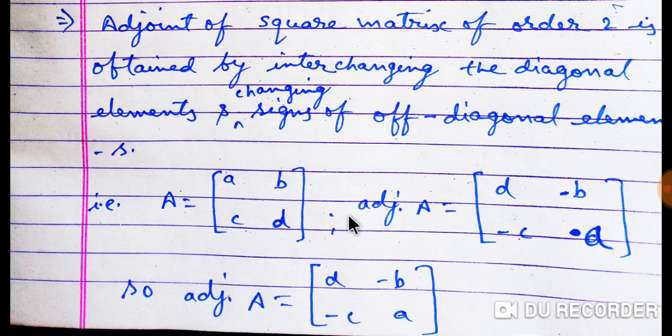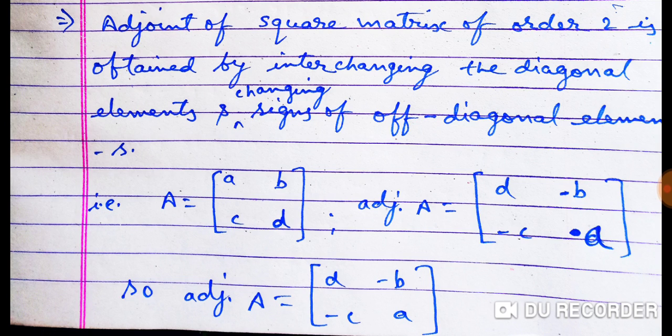And if we have to find the adjoint of square matrices of order 3 and 4, we just find the cofactors of each and every element, form the matrix having these cofactors as its elements, and then find its transpose.